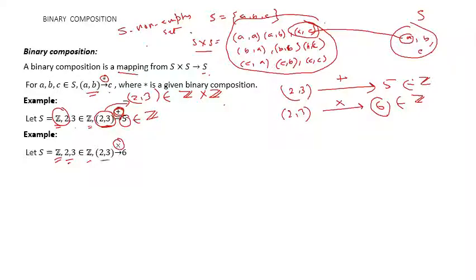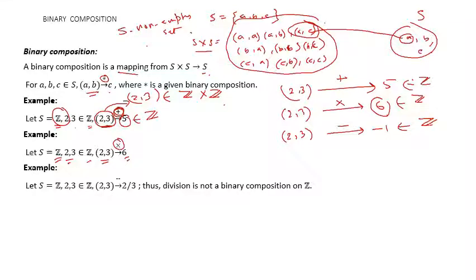It works on two elements of the given set and combines them to form another element of that same set. আমরা এখানে আরো একটা নিতে পারতাম, say 2, 3. Now we consider ordinary subtraction, then this is -1, it is also a member of Z. So this ordinary subtraction is also a binary composition on Z.